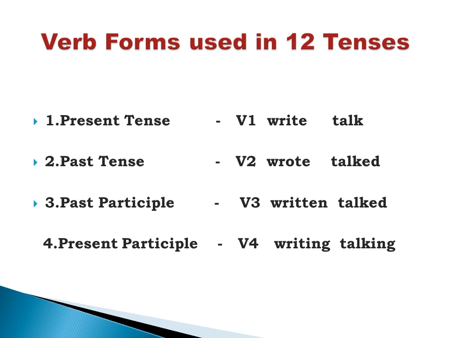We will take up the example of an irregular verb. For example, write. The present tense is write, past tense is wrote, the V3 is written, and the present participle form of it is writing.